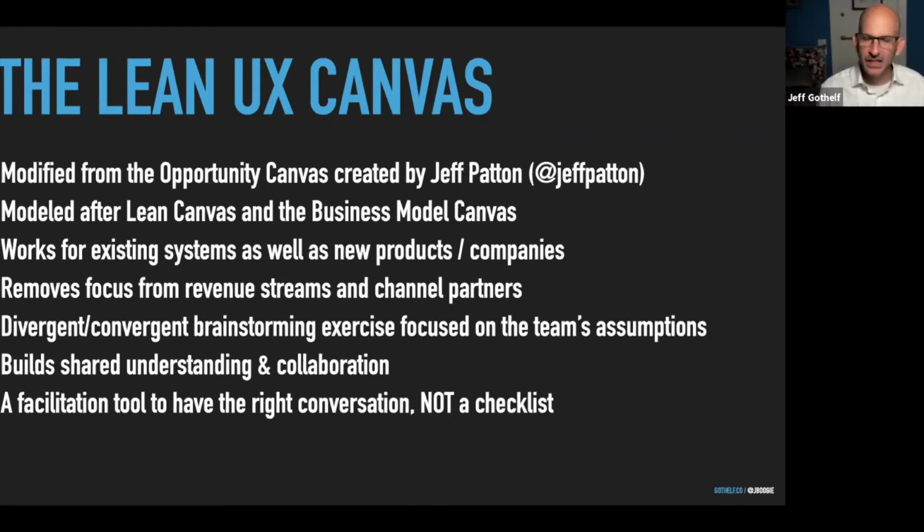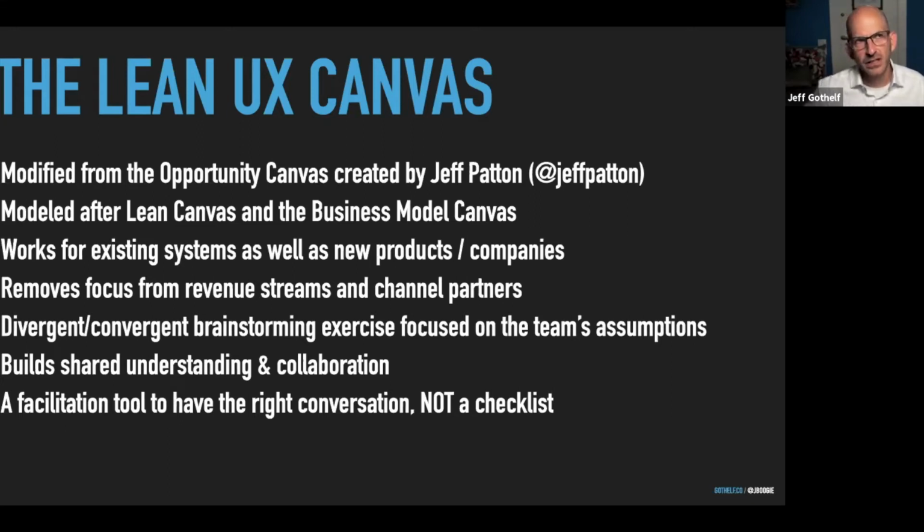And so we started playing with these models and adapting them to bring together all of these assumptions declaration exercises into one tool. And this tool became the Lean UX Canvas, and it works for existing systems as well as new products and new ideas. The main difference from the business model canvas and perhaps even the opportunity canvas is that we've removed focus from revenue streams and channel partners, right?